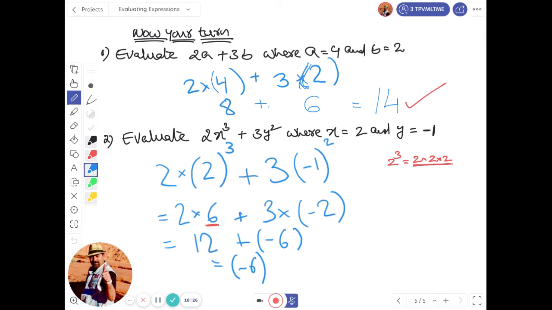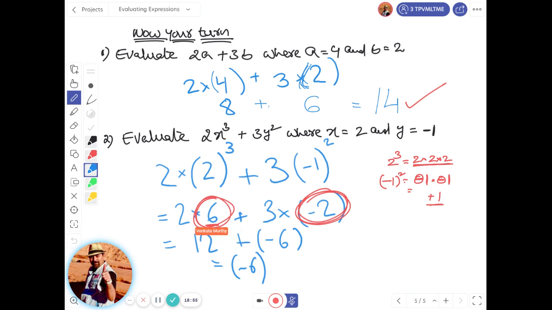And next, 1 square is not 1 times 2. Actually, negative 1 square means negative 1 is to be multiplied by negative 1. So 1 times 1 equals 1, and negative of negative gives us a positive 1. This is another possible error.